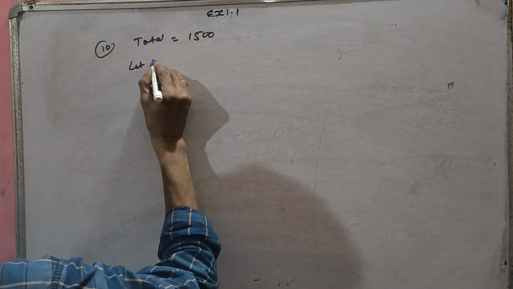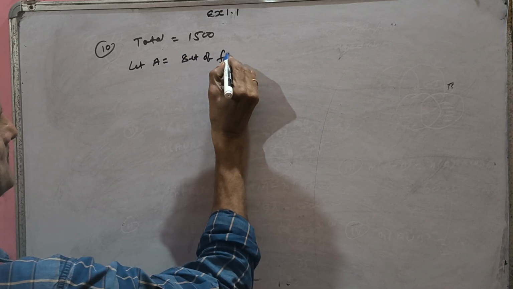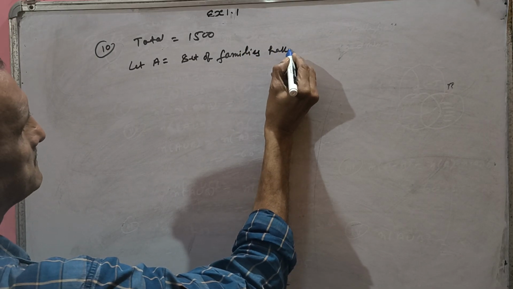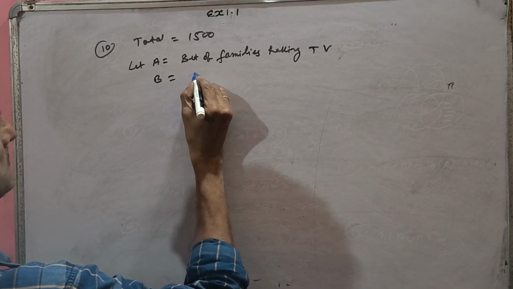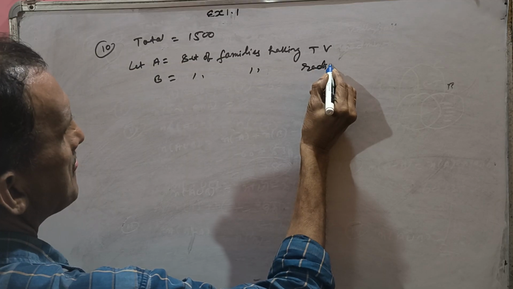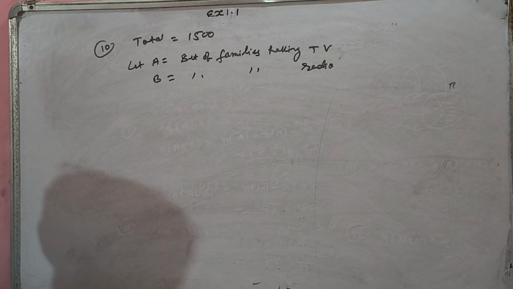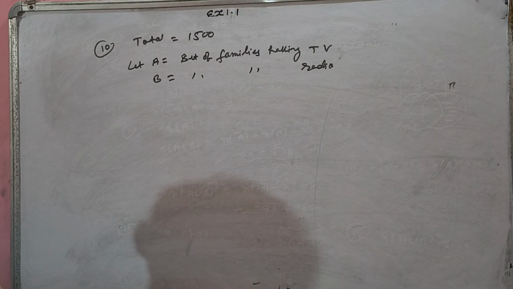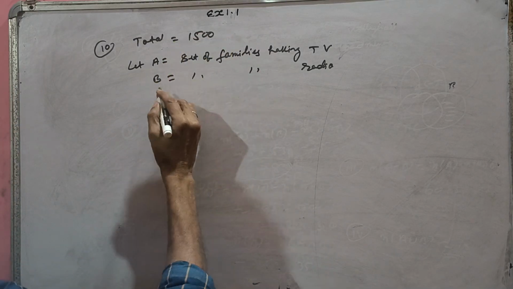So you can write, let A equal the set of families having TV, B equal the set of families having radio. So what is given? See, it is not mentioned that each family has either TV or radio; there are families having neither. So this is not A union B.